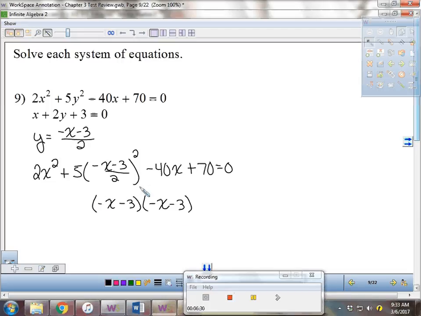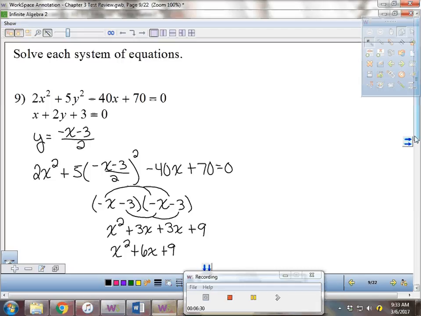So you get negative x times negative x is positive x squared. Negative x times negative 3 is positive 3x. Negative 3 times negative x is positive 3x. And negative 3 times negative 3 is positive 9. So if you combine like terms, you get x squared plus 6x plus 9.